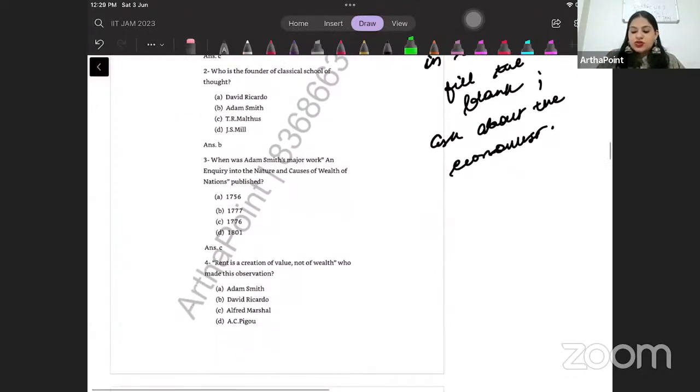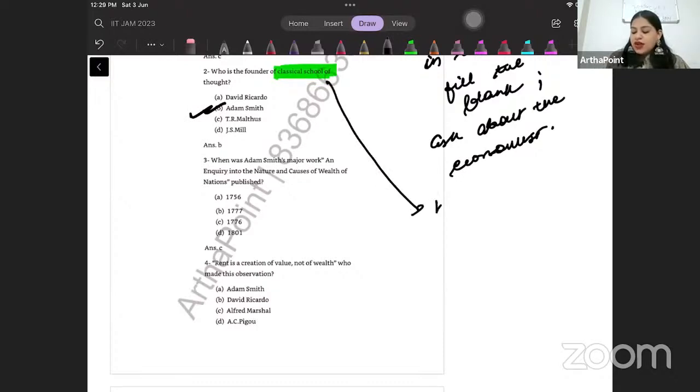Okay, come to the next question. Who is the founder of classical school of thought? Beta, classical school of thought was founded by Adam Smith. Can you take a moment and tell me who can I call as the father of Keynesian school of thought?